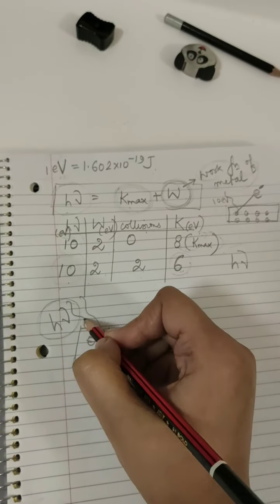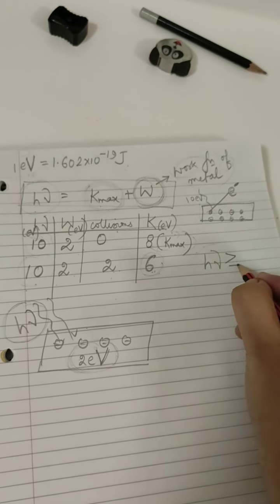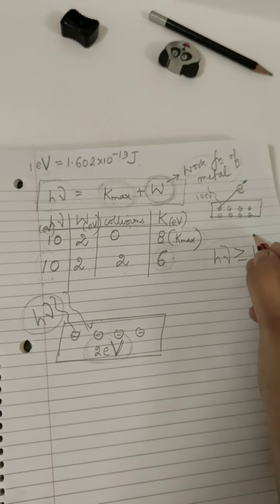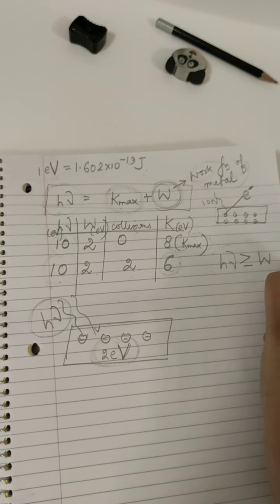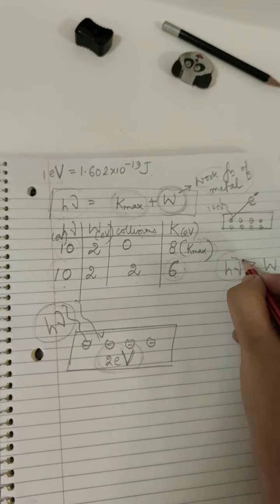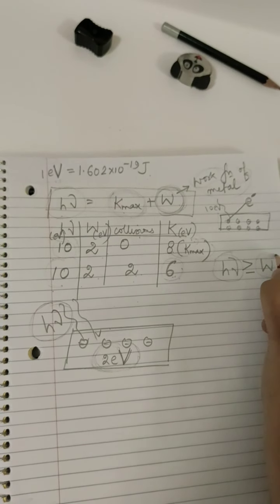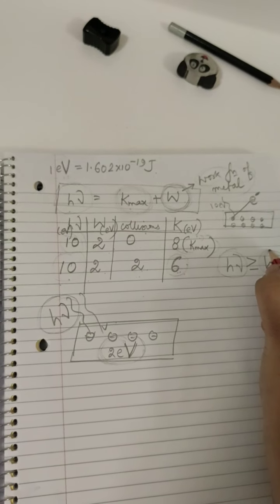So the energy of the photon should be greater than or equal to the work function of the metal for photoelectric emission to take place. Energy of the photon should be greater than or equal to the work function for photoelectric emission to take place.